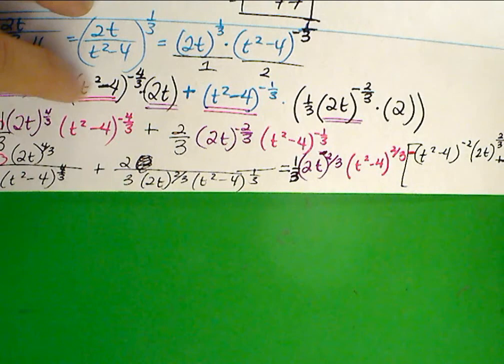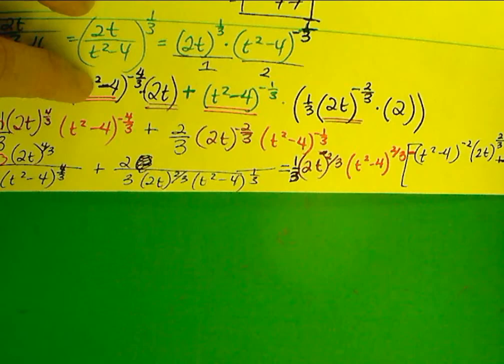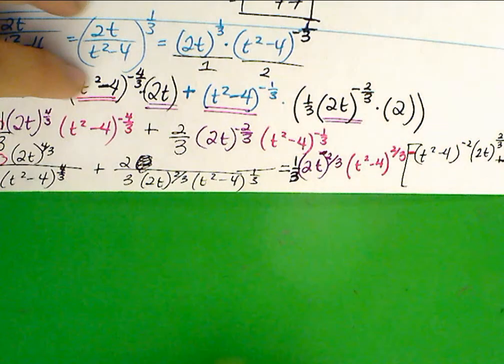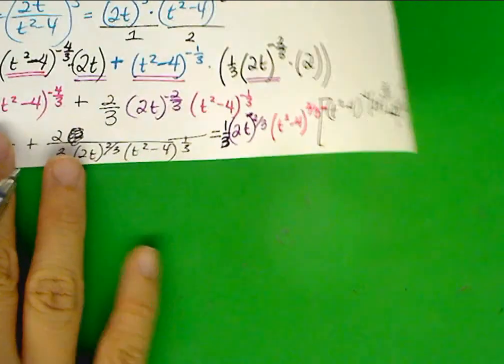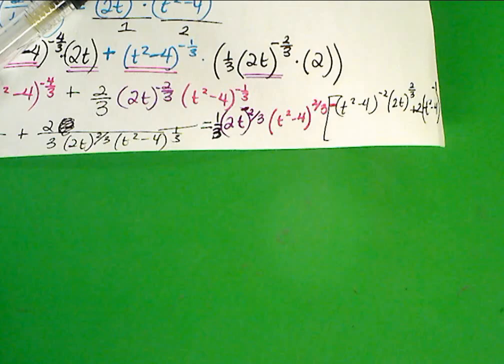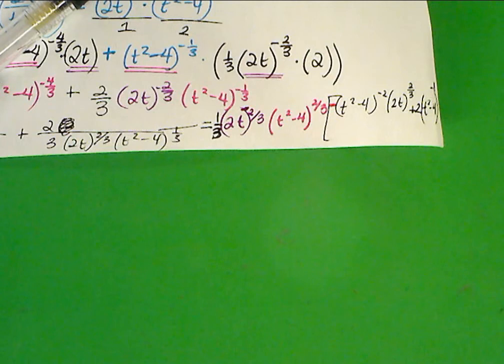So t squared minus 4 to the negative 1. Oh, that's what you're talking about, that you couldn't fit it in. I think there's a light at the end of this tunnel, though.